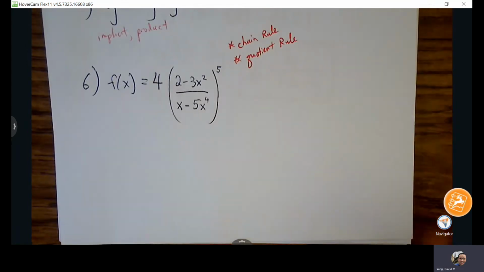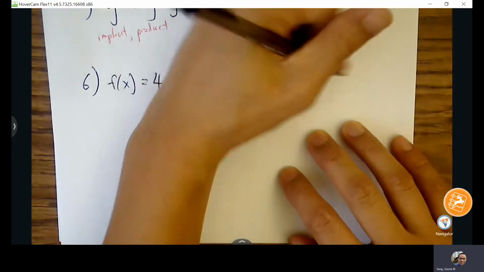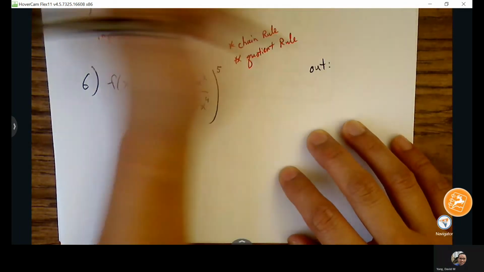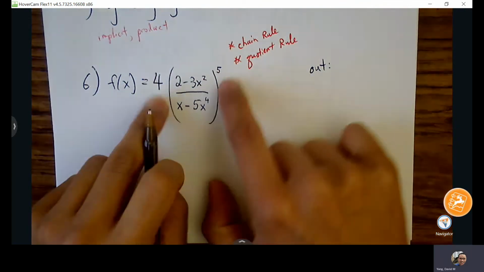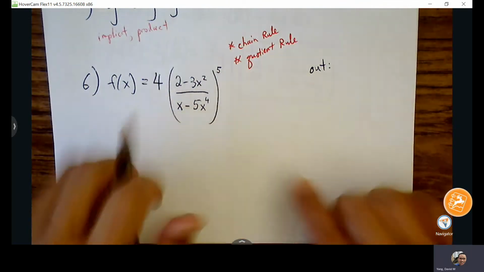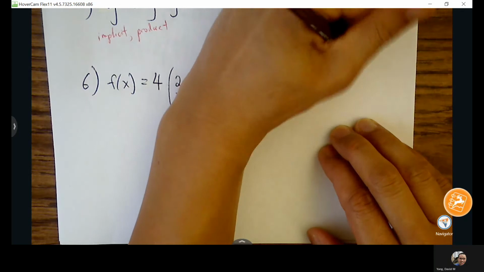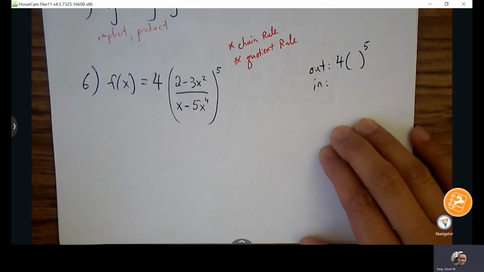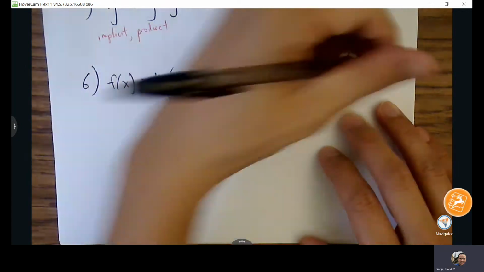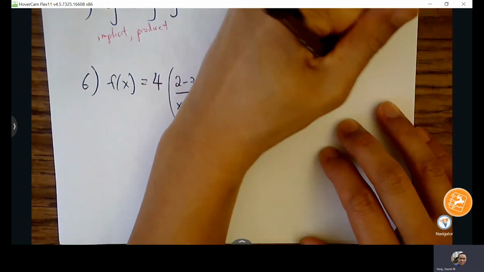Okay, so chain rule first, followed by quotient. Chain rule means we have to identify outside, inside. Outside is parentheses and everything outside of it. Inside is what you see within the parentheses.